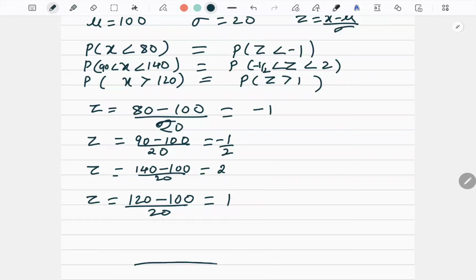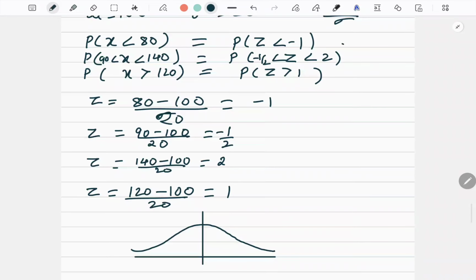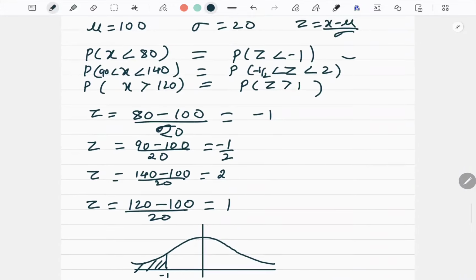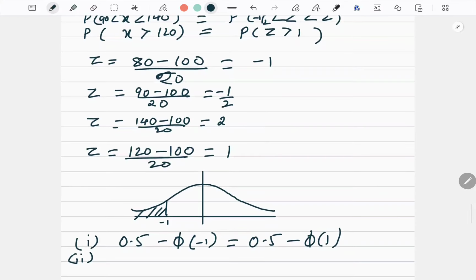So if you make the normal curve, your first part, Z less than minus 1, means minus 1 is this portion. So what you have to find out for the first case is 0.5 minus phi of minus 1, which is equal to 0.5 minus phi of 1. And phi of 1 will be given in the question. Now the second part, what are they asking? Between minus 1 by 2 and 2.